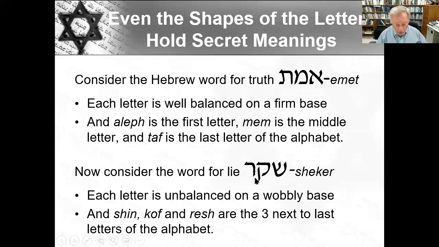And the resh is also on one toe and also out of balance. And shin, kuf, resh are the three penultimate letters of the Hebrew alphabet. So they are incredibly poorly balanced. Truth is well balanced. Sheker, lies, are highly imbalanced. And we see that actually from the shape of the letters.